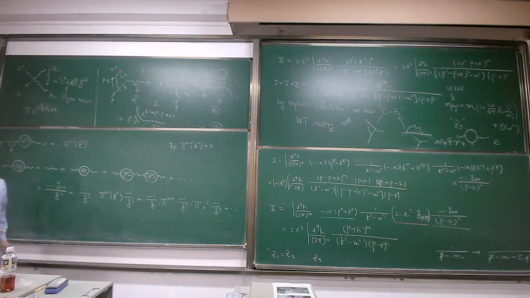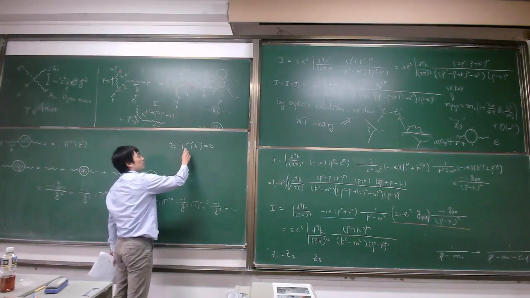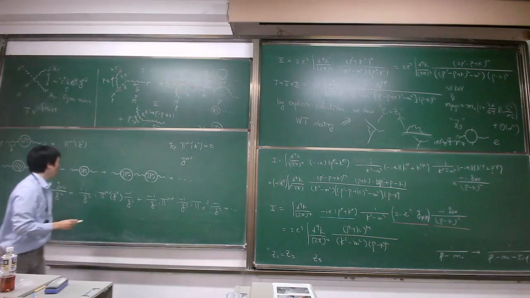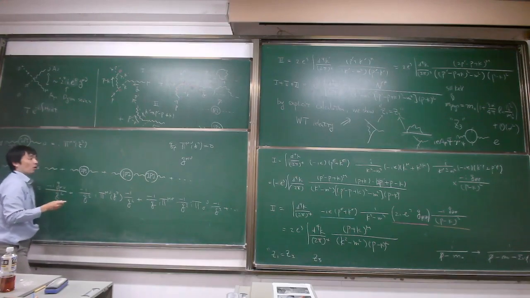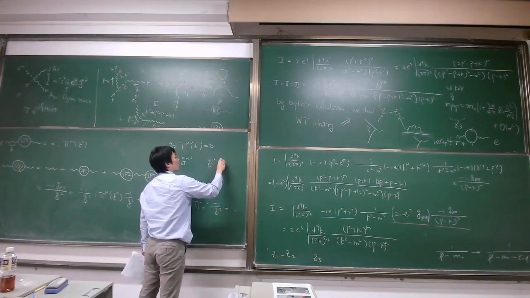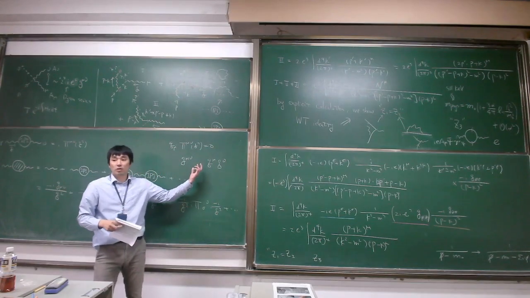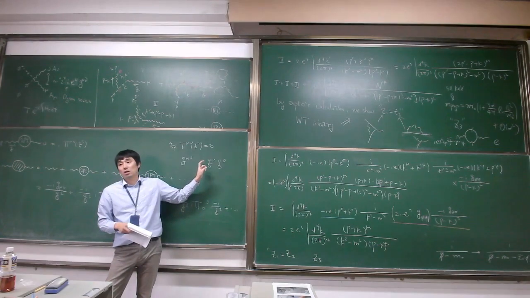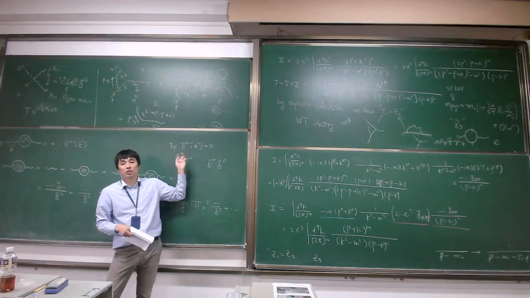Therefore, this pi mu nu should be written either as g mu nu, like the ordinary photon propagator, or as proportional to q mu q nu. Then it's symmetric under the exchange of mu and nu.